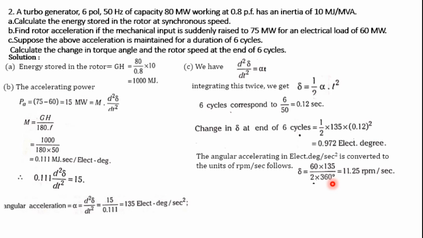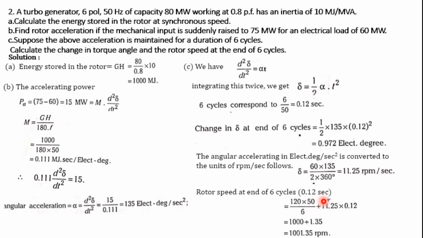We are converting from electrical degrees to RPM values, so we'll get 11.25 RPM per second, converting into seconds. So the rotor speed after the 6 cycles, corresponding to 0.12 second, you will get 120 into 50 divided by 6. So consider that this part is nothing but 120 F.